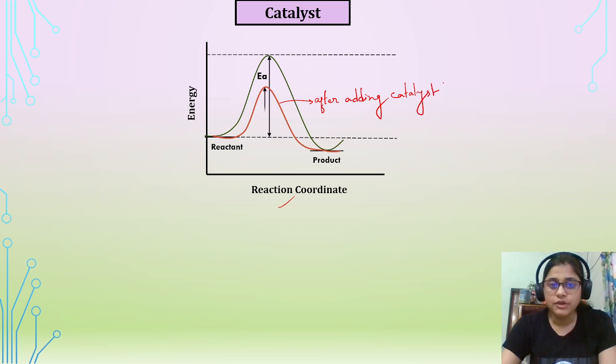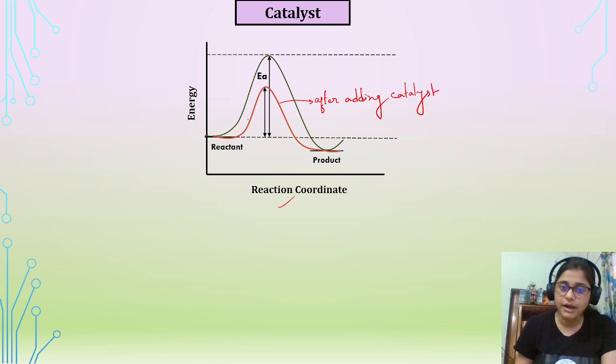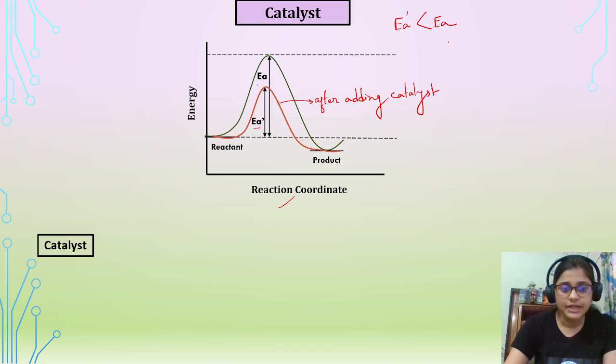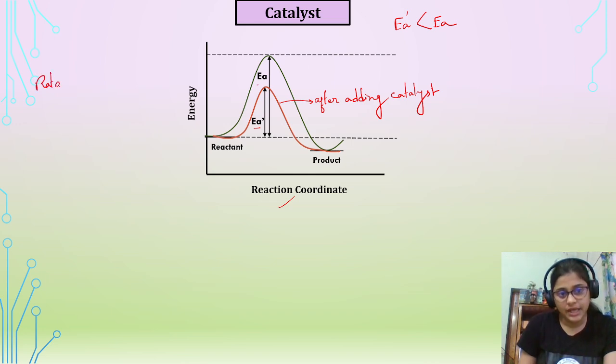After adding catalyst, what is happening? The pathway is different, which affects the activation energy. The reactant and the TS now have this much gap, so Ea dash will be the new activation energy. It is obvious from the picture also that Ea dash is less than Ea. We know that reaction rate is inversely proportional to activation energy.